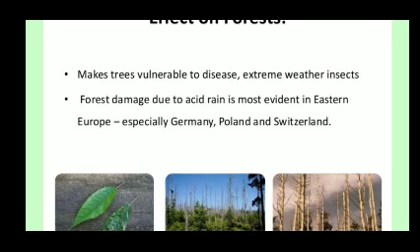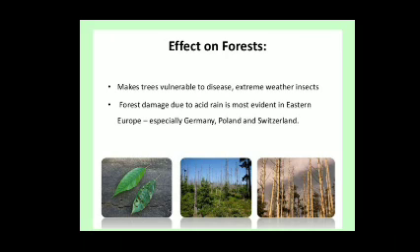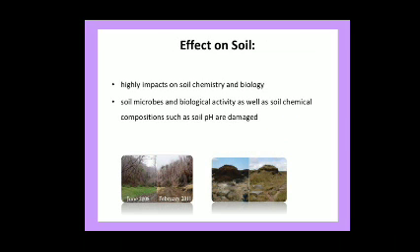Non-woody plants like barley, cotton, apple, pears, etc. are severely affected. Trees are made prone to diseases, extreme weather and insects, and forest damage due to acid rain is most evident in western countries.